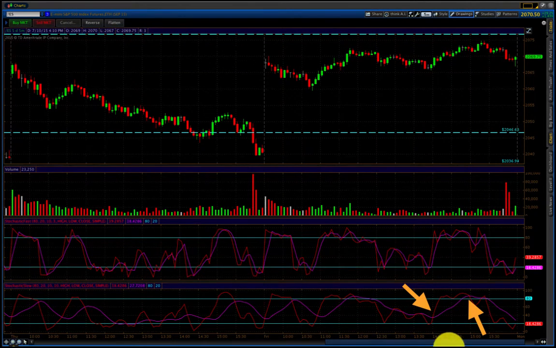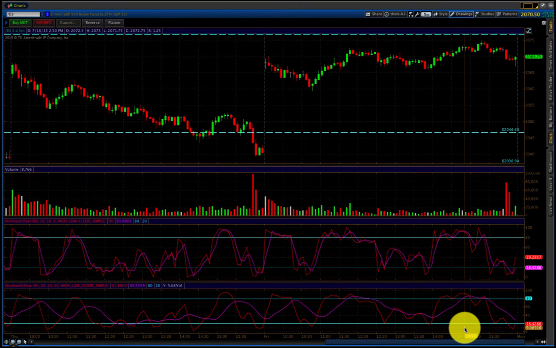But yeah, this is the most interesting takeaway, is that because of the slower smoothing and moving averages, we're getting fewer signals, but they seem to confirm.